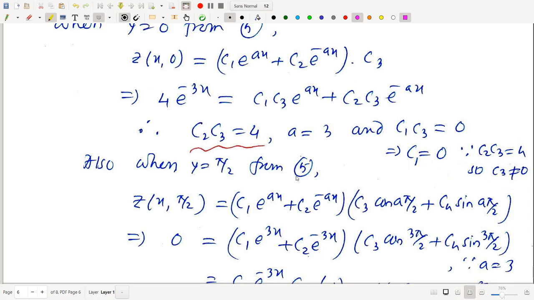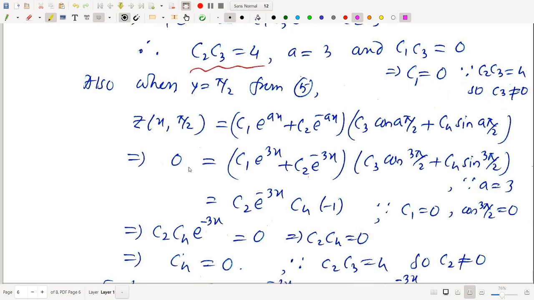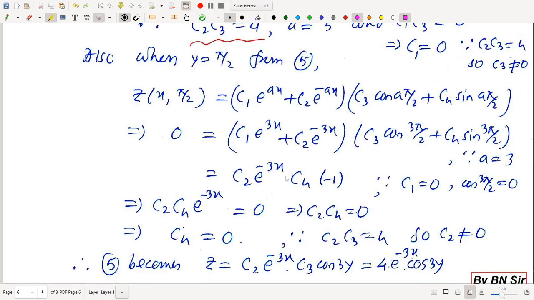Also, when y equal to π/2 from 5, z(x, π/2) is c1 e^x + c2 e^(-x), with y equal to π/2 substituted. Now this z(x, π/2) is 0, and we have already got a as 3, so substituting the a value, we get cos 3π/2 and sin 3π/2. Cos 3π/2 is 0.